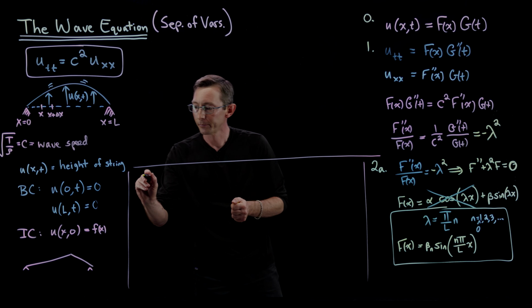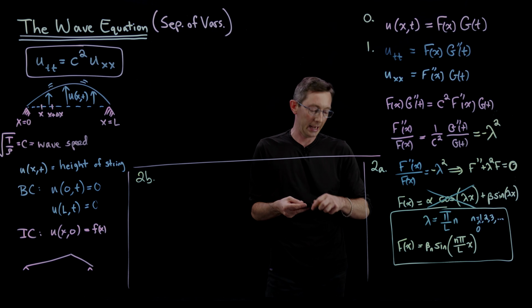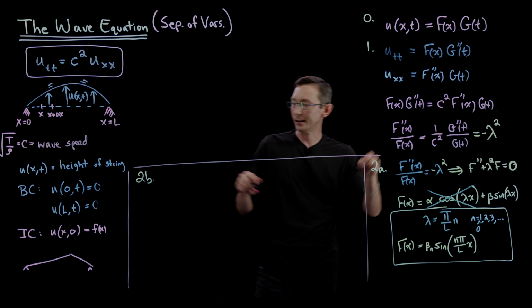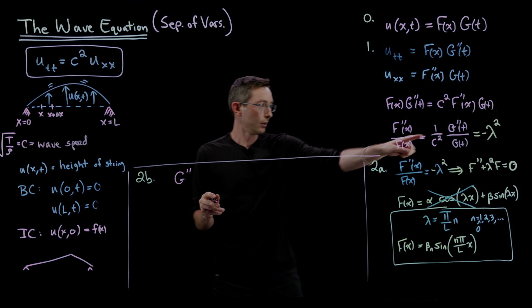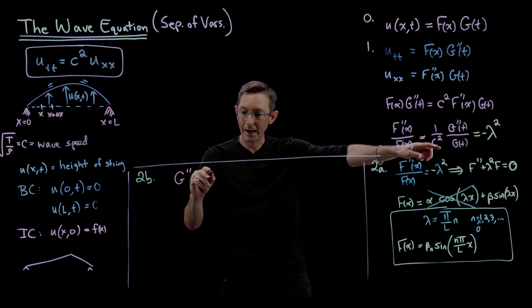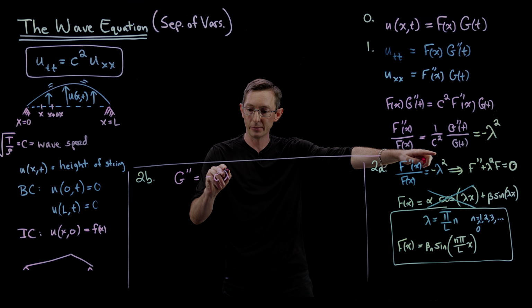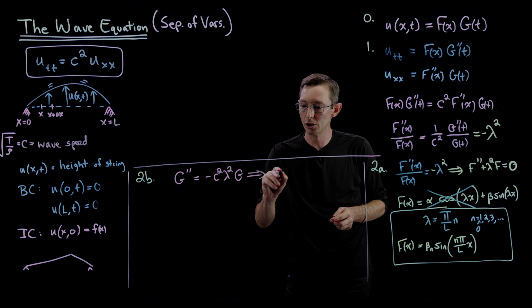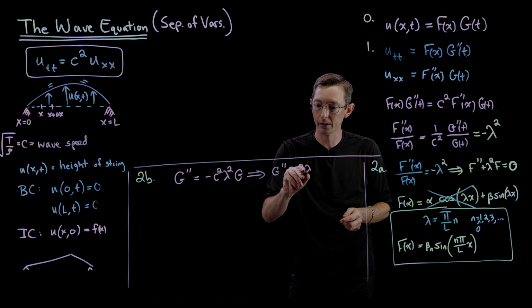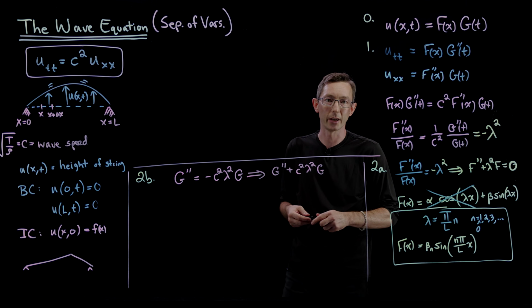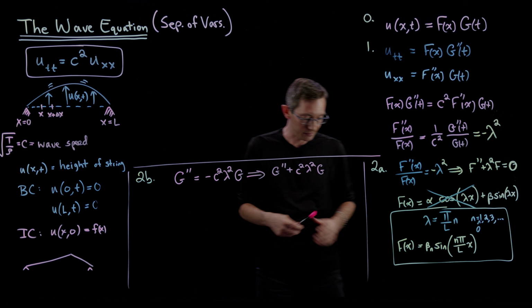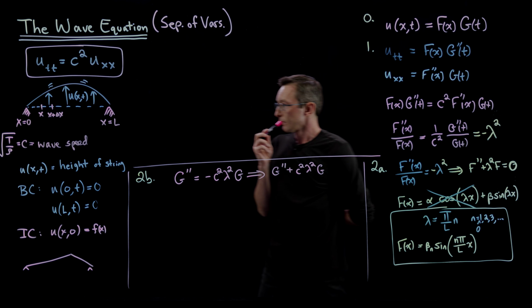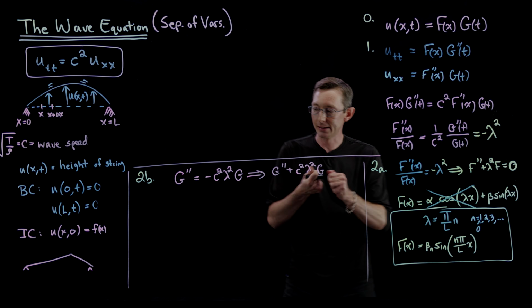So for 2b, we're going to be solving now my G equations, which are going to be something like G double prime equals minus c squared lambda squared G. Okay, and if I rewrite this, I can say that that's G double prime plus c squared lambda squared G equals 0.